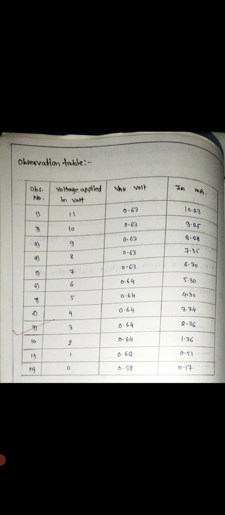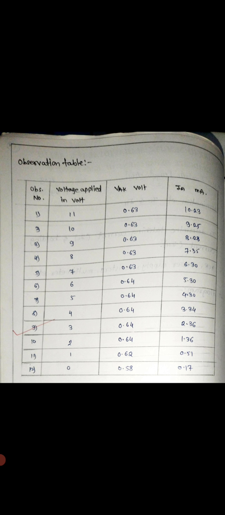Second is the holding current. The holding current may be defined as the minimum value of anode current that flows through the SCR to keep it in forward conduction mode. If the anode current falls below the holding current, then the SCR gets turned off. So the holding current is also defined as the minimum current flowing through the SCR below which the SCR gets turned off.